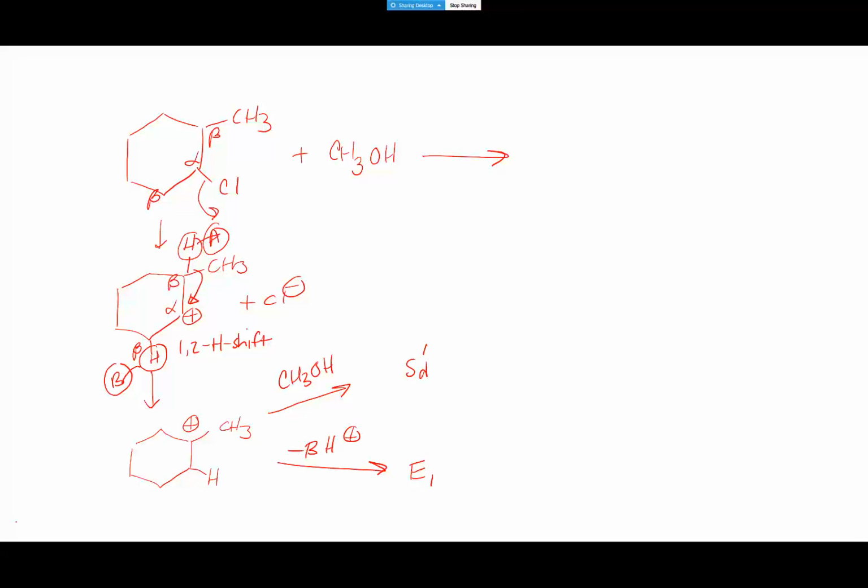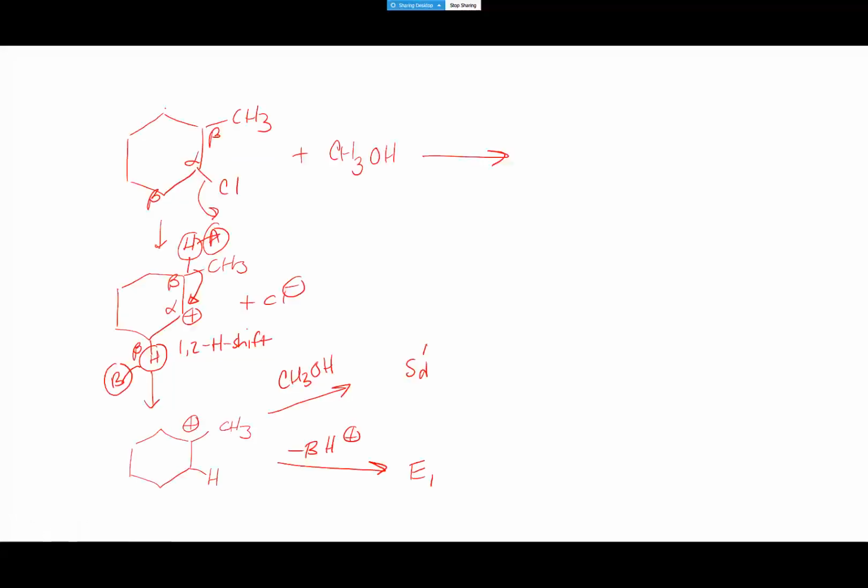What else? So at the end of last class, we were starting to talk about alcohols, and how we know what type of acid to use.